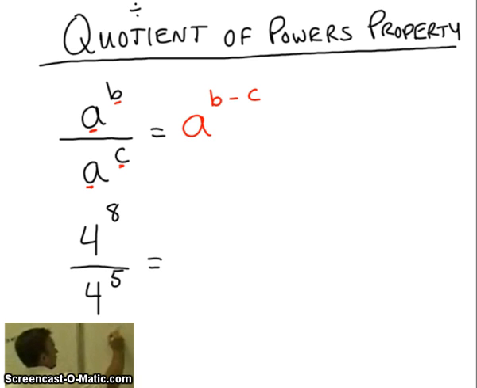For instance, if we have 4 to the 8 power over 4 to the 5th power, we're just going to subtract the two exponents. So 4 to the 8 minus 5, which is 4 to the 3rd. And then 4 times 4 times 4, you get 64.